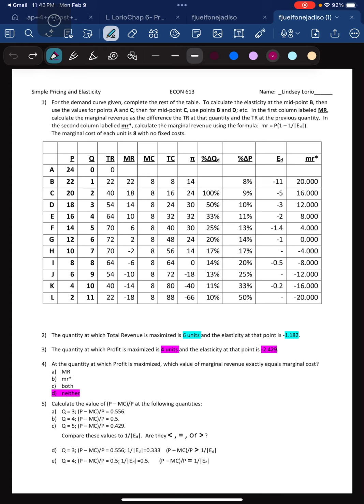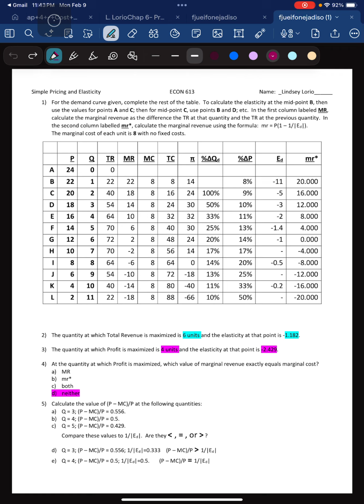And then for the elasticity, I used the elasticity formula that we were given, and I did the quantity minus the quantity over the quantity plus the quantity, and then divided that by the price minus the price divided by the price plus the price.